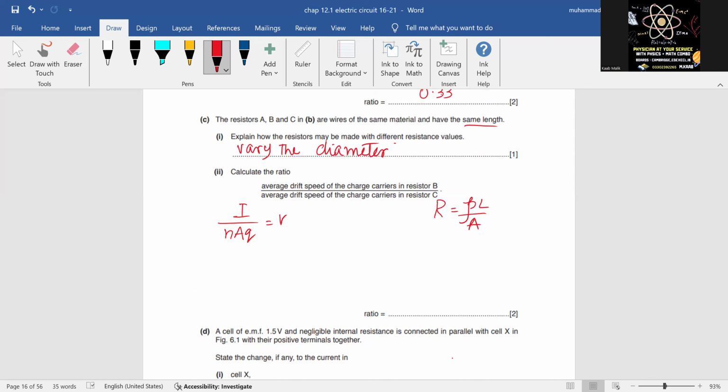So if you relate R1A1 is equal to R2A2, right? With the help of that, you can find the ratio of the areas, right? So R1 over R2 should be equal to A2 over A1, right? So R1 is, I'm taking B as R1.